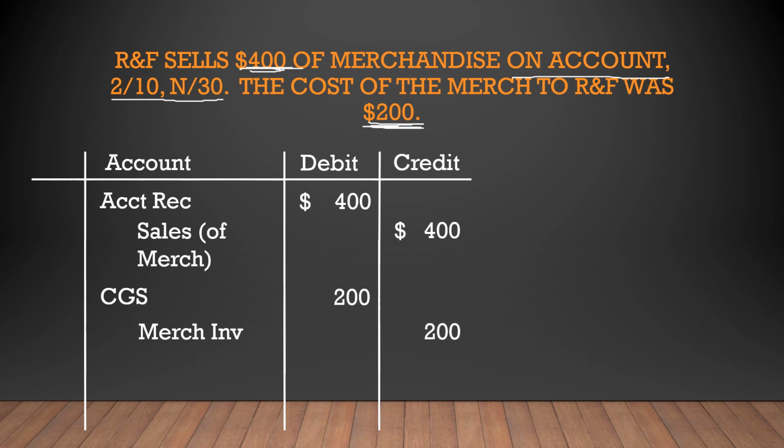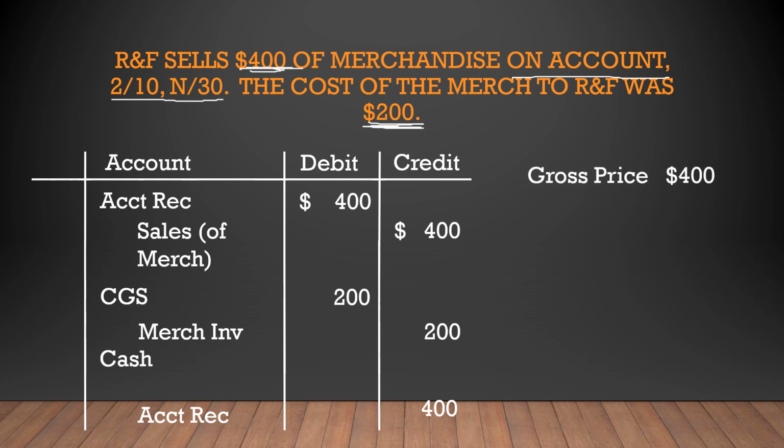The discount is only reflected when the buyer pays within the 10-day discount period. In this scenario, we will credit AR off the books for the full $400 and will debit cash. The issue is how much cash is being collected. R&F won't get the full $400 because of the discount.